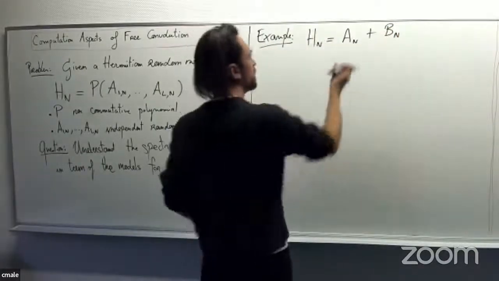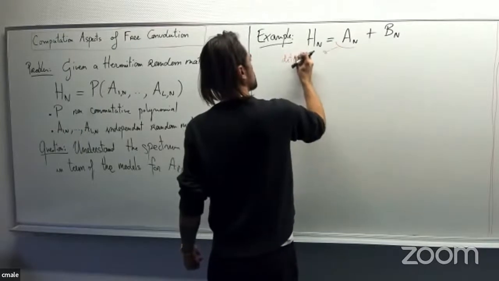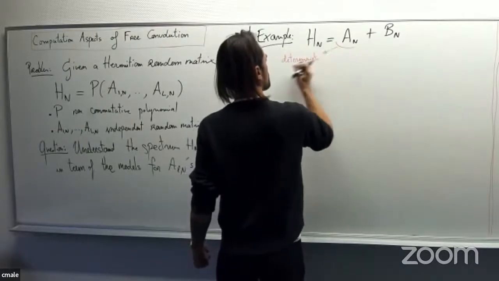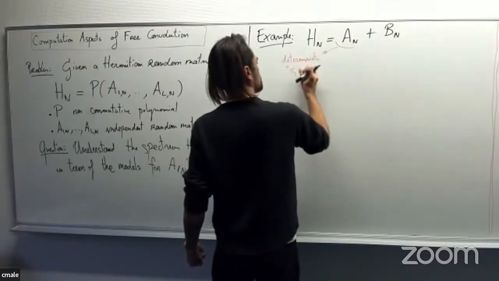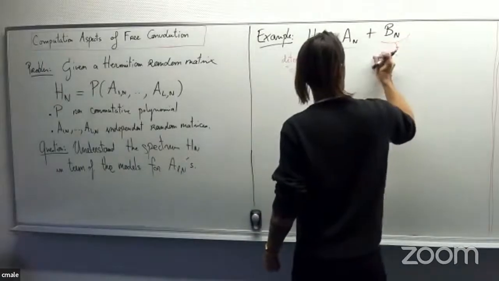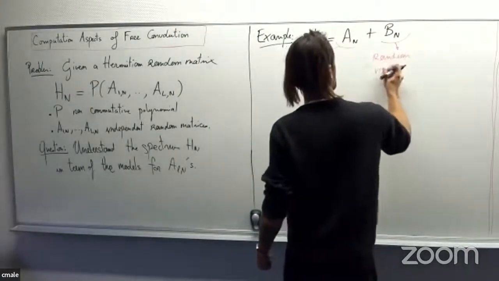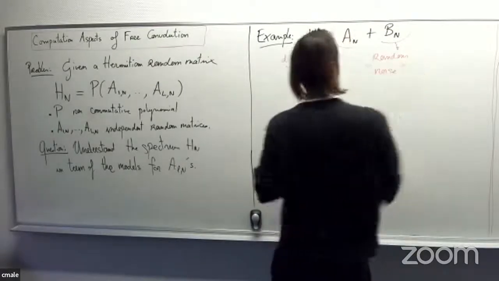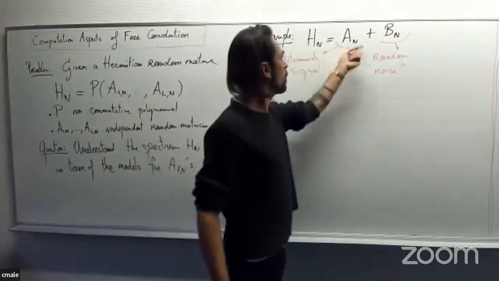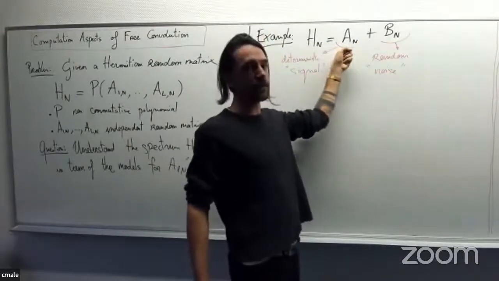We can think that we have one guy which is deterministic, for instance, and which is the signal, and one guy here which is random and which is like a noise. And in this specific example, we wonder what will be the influence of the noise in the spectrum of AN.